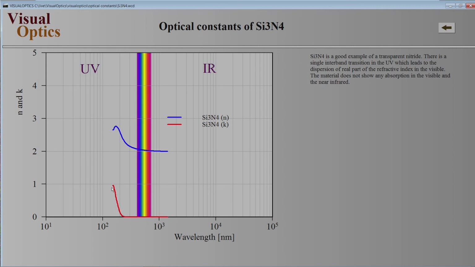So K rises very steeply. You can imagine it goes down here, and the corresponding behavior of N is what I discussed before.